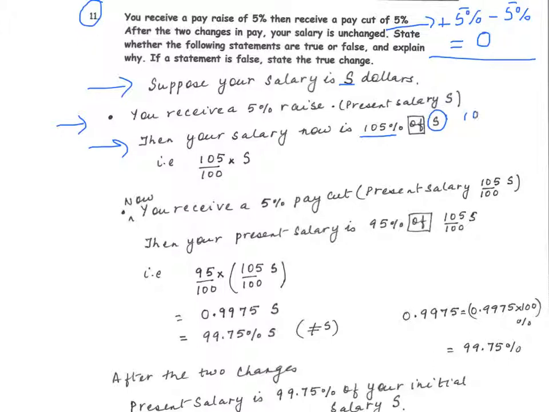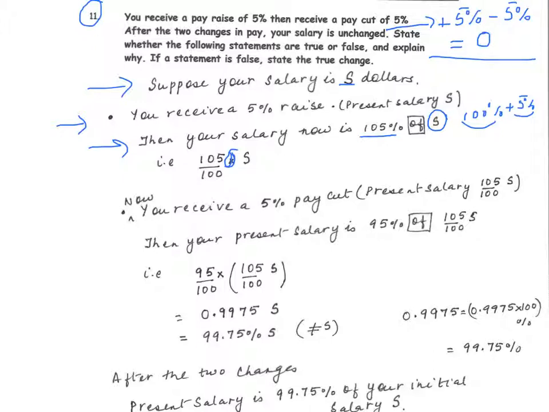So the 105% comes from 100% plus a 5%, which means your original salary plus a 5% off your original salary. So that is 105 over 100 off. So that is 105 over 100 times S, which is your salary.